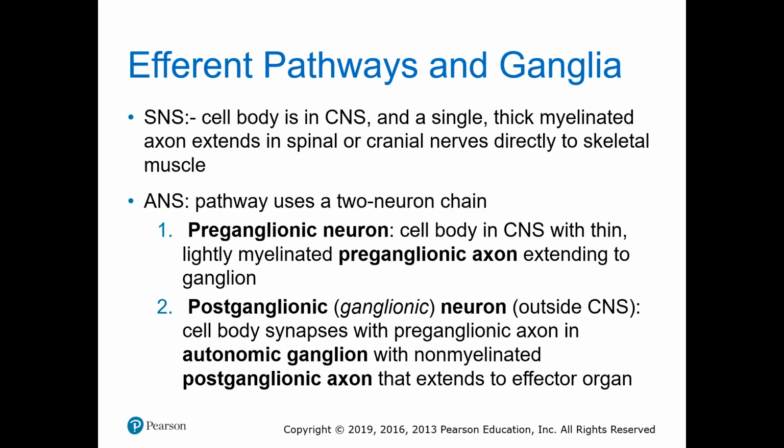So we have a very lightweight axon, the preganglionic axon, going to the cell body. We have a postganglionic neuron, which is outside the central nervous system, and that's going to go out to the effector. So we have a two-step process. A preganglionic neuron in front of the cell body, a postganglionic neuron after the cell body. Remember, the ganglia is the cell body.